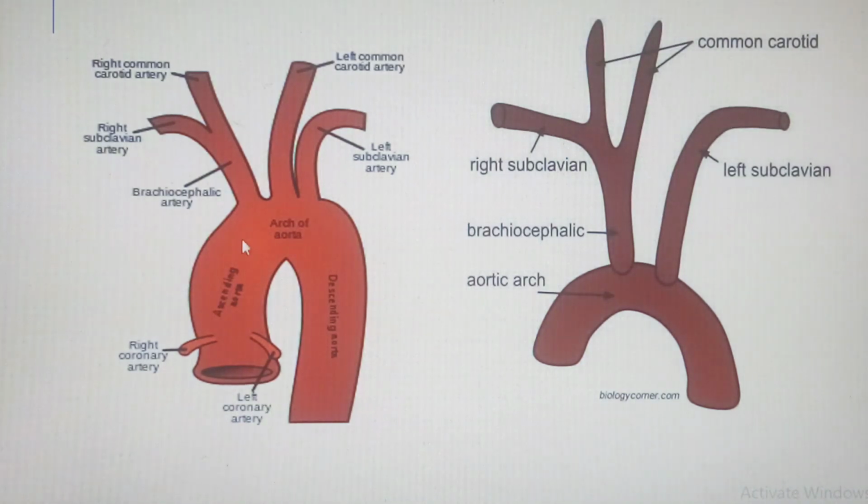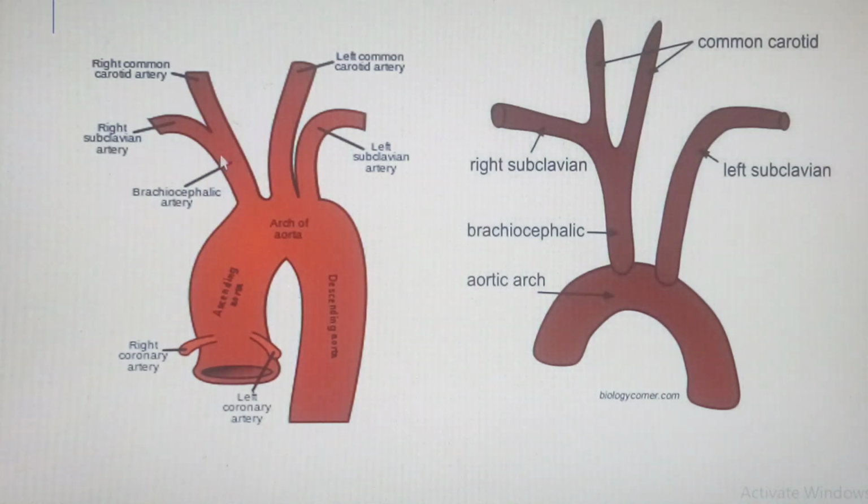It arches so that it gives us three main branches. From right to left, we are going to have the brachiocephalic trunk, and then the left common carotid artery, and then to the extreme left, the left subclavian artery.